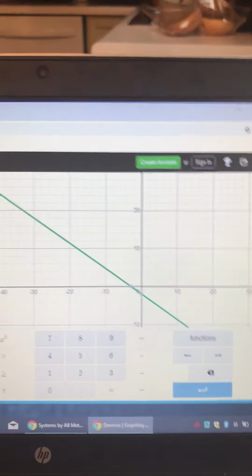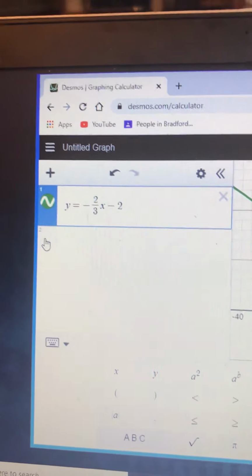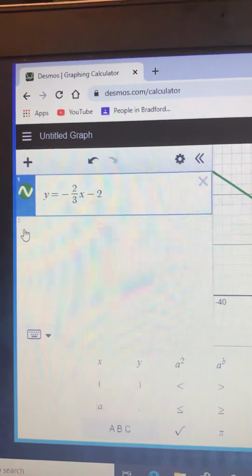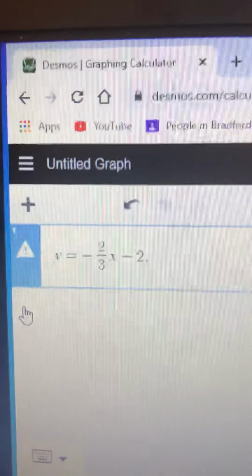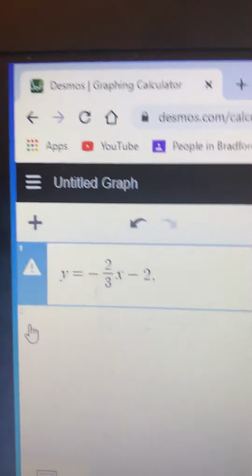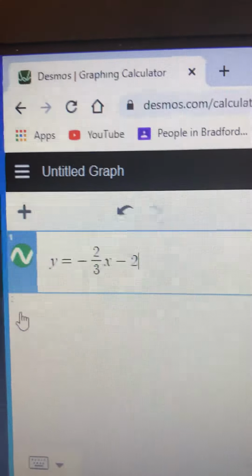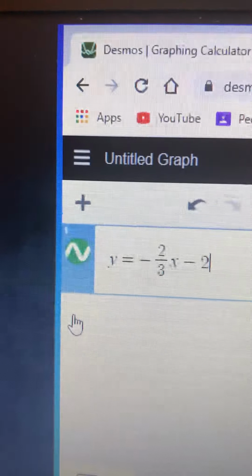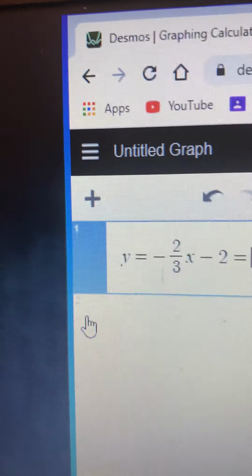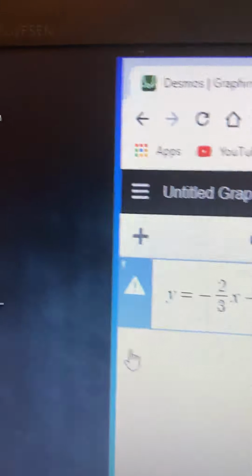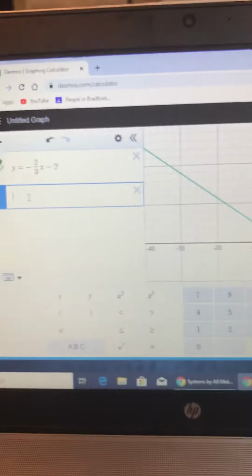We can see that it graphed the first equation. If you make a mistake, say you hit a character that didn't belong, it's going to give you the exclamation point, and it's going to show you that something is indeed wrong. That little green symbol is a good sign, and that is a bad sign, so you've entered something wrong. Remember, the computer is only as smart as we are.